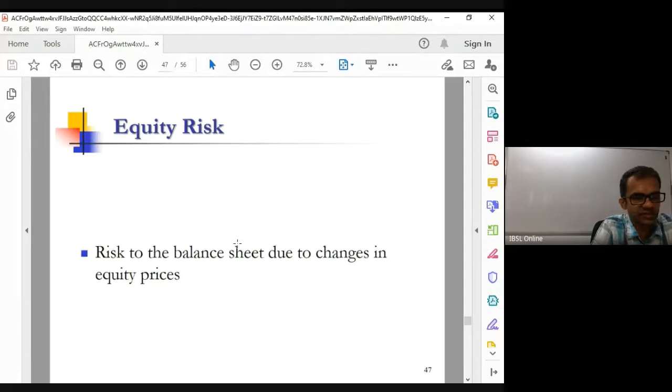You may incur a loss or a profit depending on your equity investment. So that is equity risk. To measure that, there is a risk measure called beta. We have to discuss all those things, but for this course, I don't think it is that relevant.